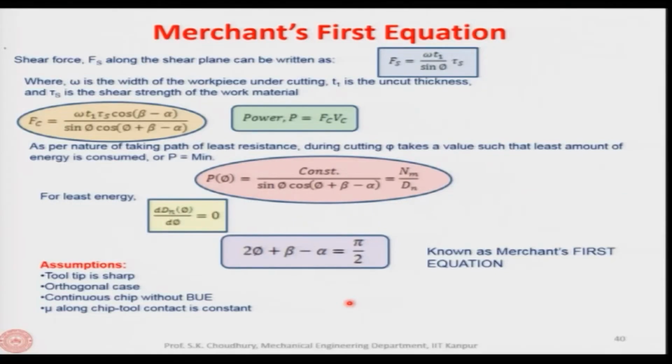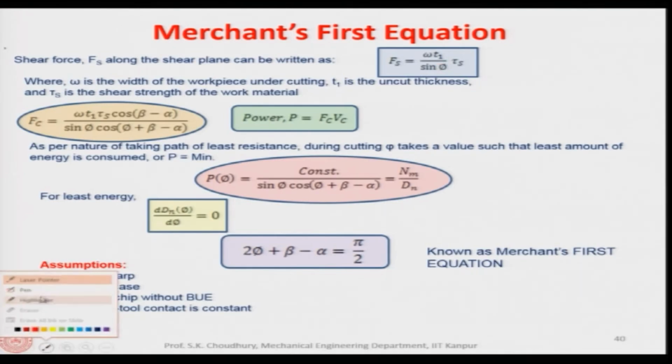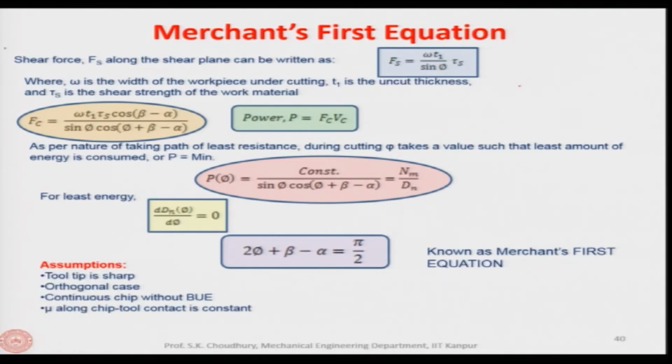So, to find out Fs, the shear force along the shear plane can be written as force is equal to stress into area, and the area of the shear plane will be width of cut, uncut thickness divided by sine of phi. This you can find out from the diagram.